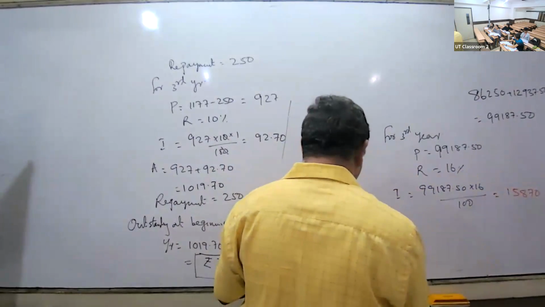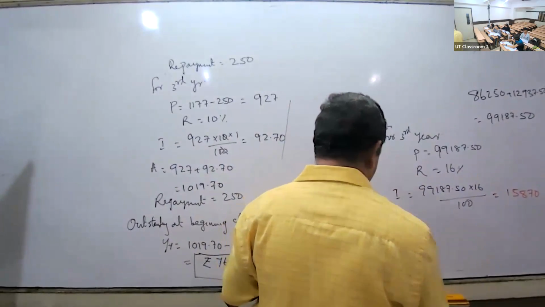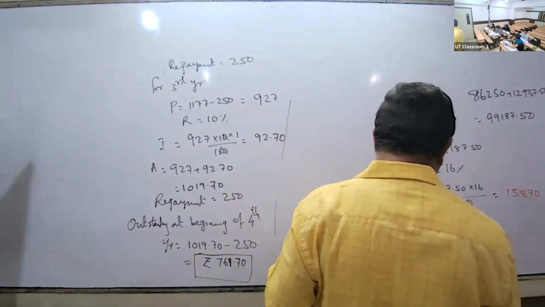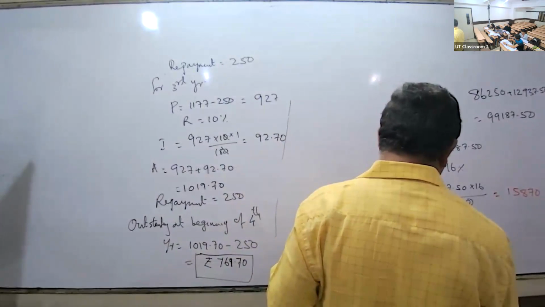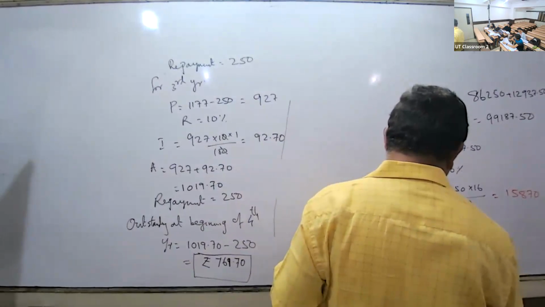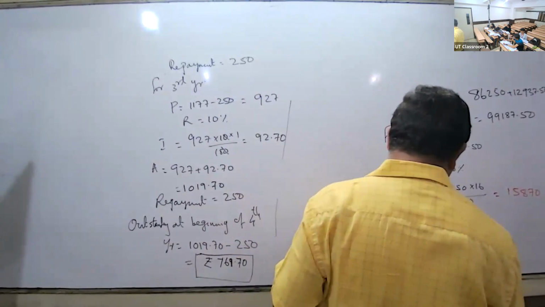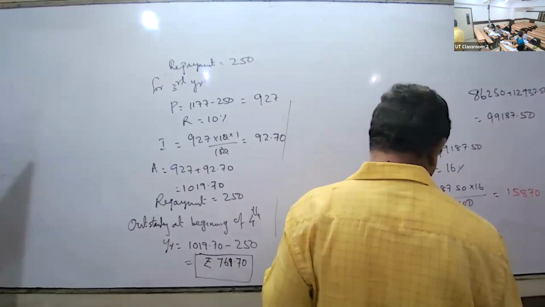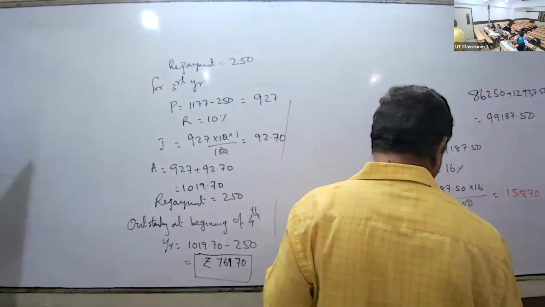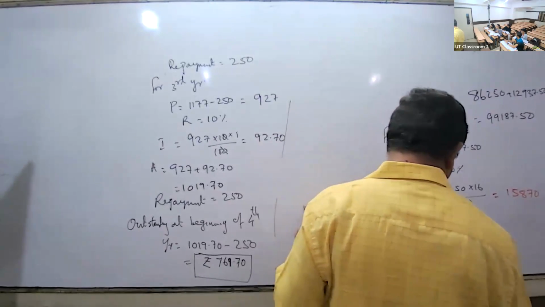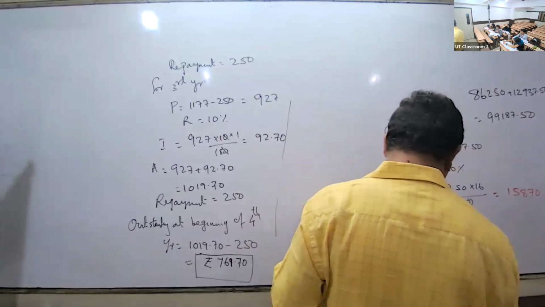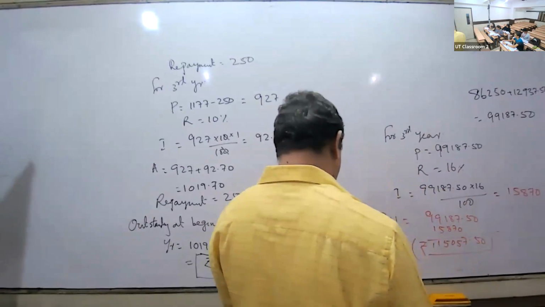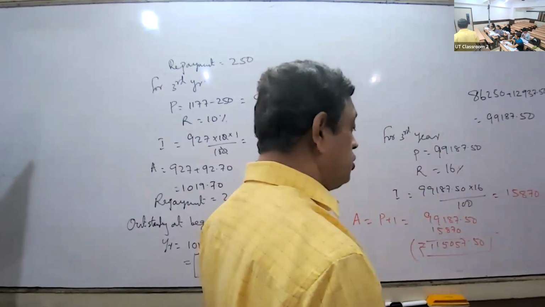Okay, therefore amount is equal to P plus I. That is equal to 99,187.50 and 15,870. That is 1,15,057.50.